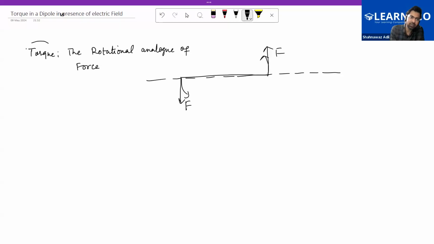And there is an important type of torque which is called a couple. And what is that?